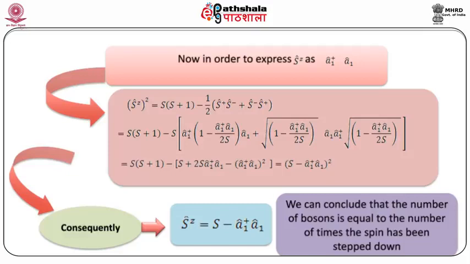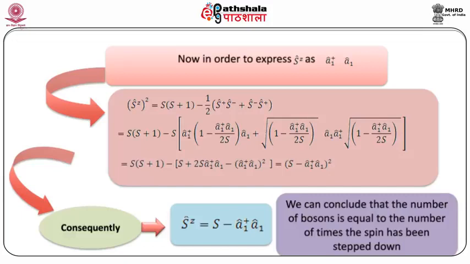You have A1 dagger times the square root of 1 minus A1 dagger A1 divided by 2S, multiplied by A1, plus the square root of 1 minus A1 dagger A1 divided by 2S, multiplied by A1 into A1 dagger, again multiplied by the square root of 1 minus A1 dagger A1 divided by 2S.